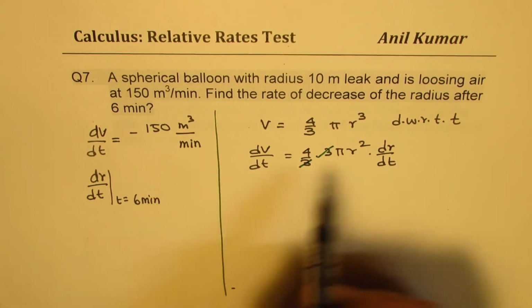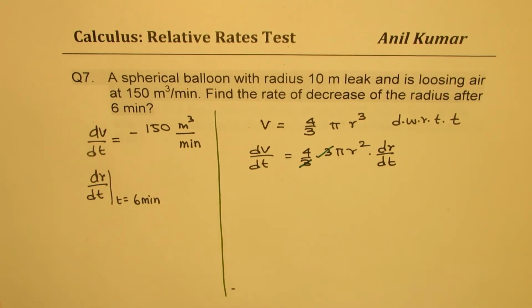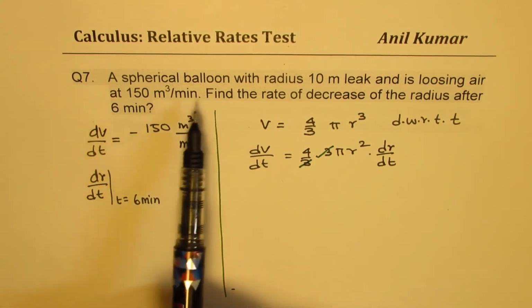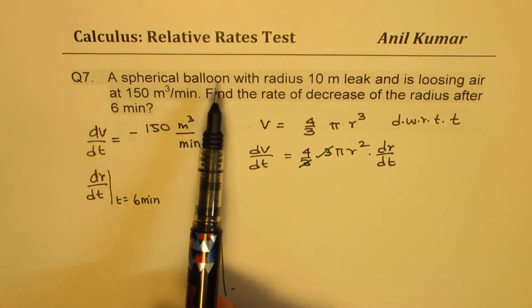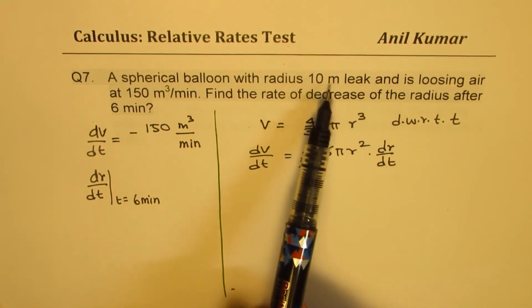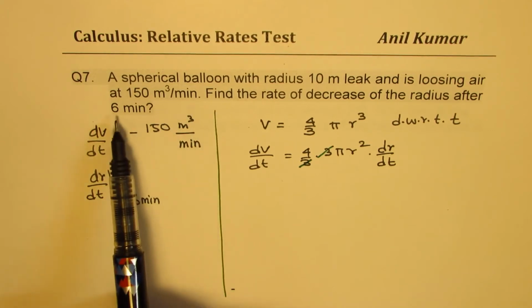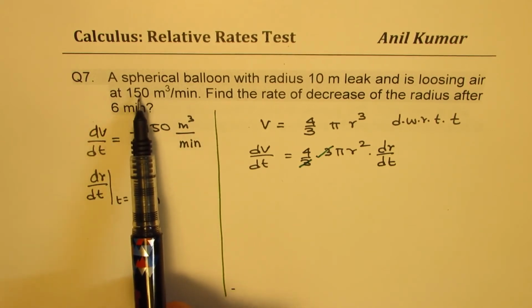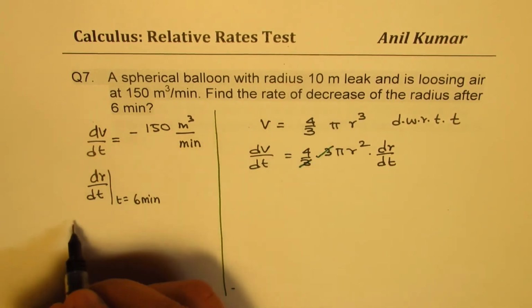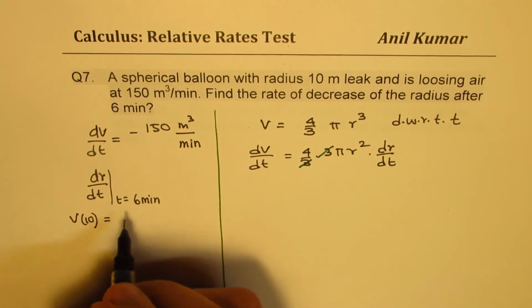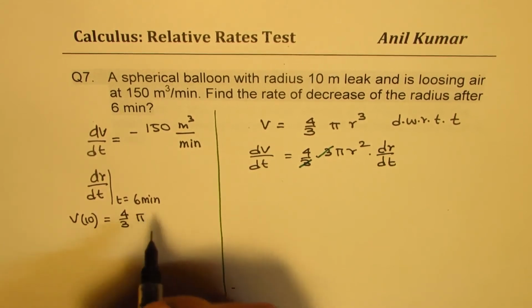Now, after 6 minutes, what is going to be the radius? We need to figure that out also, correct? That is very important to understand. Since the spherical balloon with radius 10 meter leaks 150 meter cube per minute, in 6 minutes it is going to lose 6 times 150. So the volume when the radius r is 10 is 4 by 3 pi 10 cube.